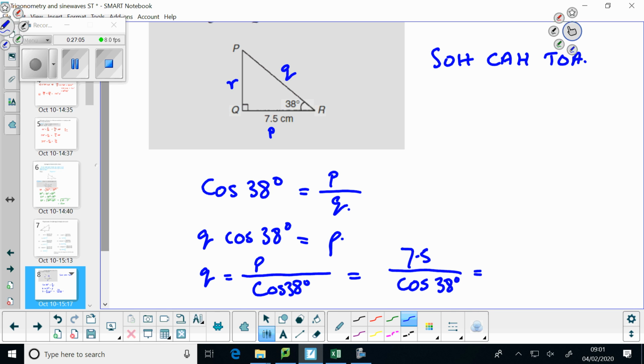Sorry, 9.5. Correctly rounded, I believe.